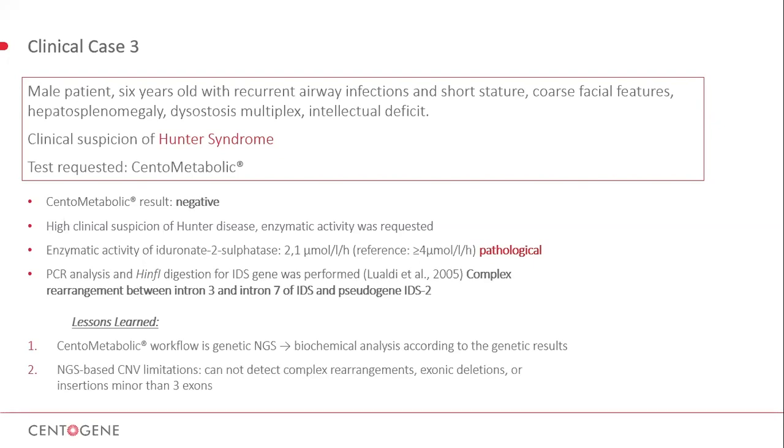After we performed such a test, we found out that this was the cause of this disorder. This happened because the workflow for CentoMetabolic is that after we find a relevant variant, then the biochemical analysis is performed. So in this case, that was one of the limitations of the workflow currently available for CentoMetabolic.